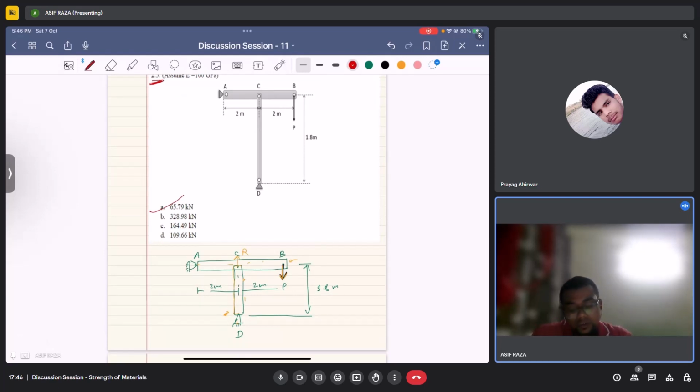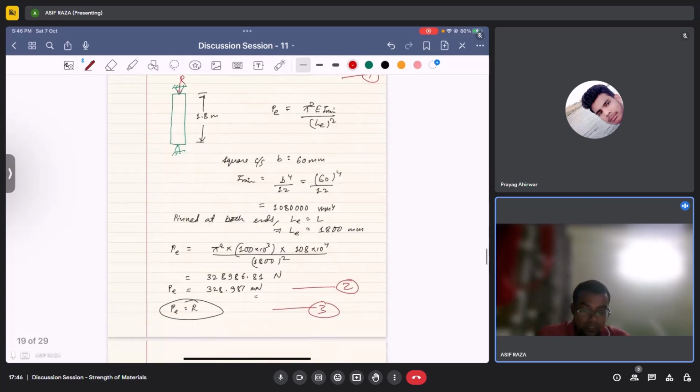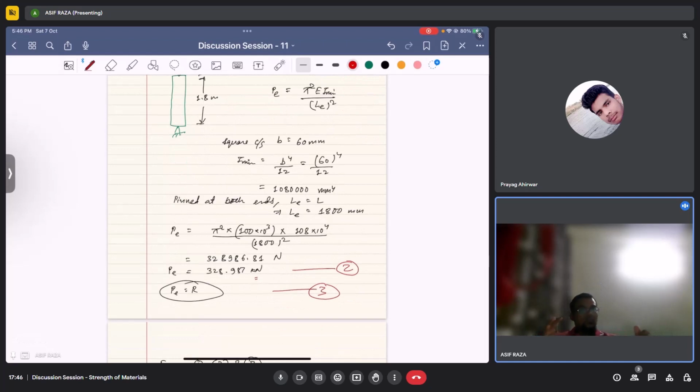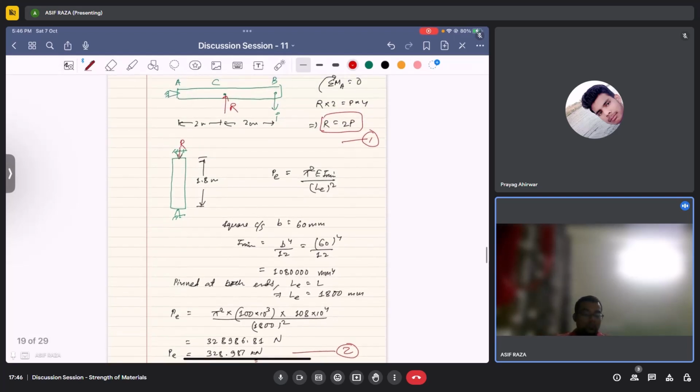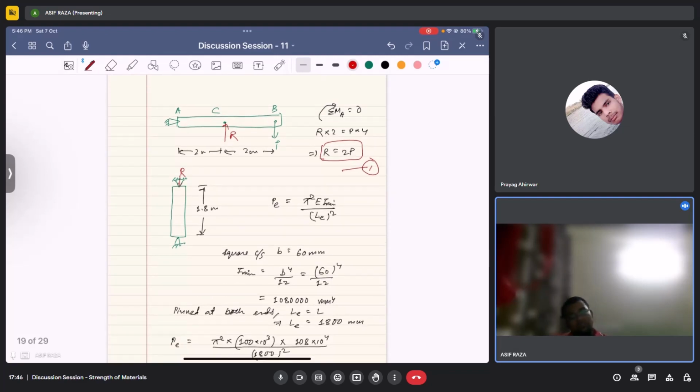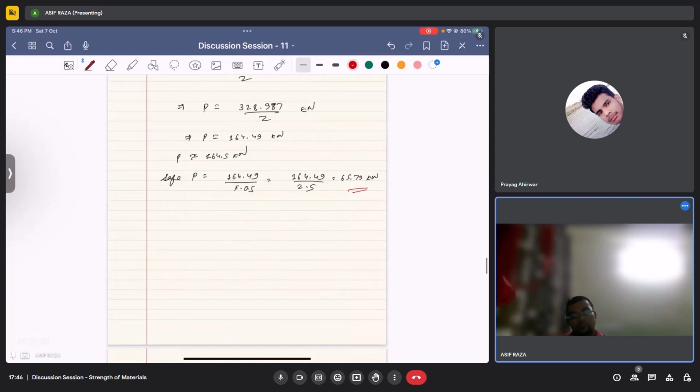So we need to find the load P for which the column CD would start to buckle. For that we first find the Euler buckling load for the column CD. Consequently, we can find the relation between P and this Euler buckling load PE, and with the given factor of safety we can find the actual safe load. That comes out to be 65.79 kilonewton.